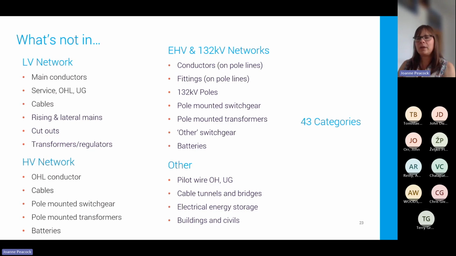For the EHV and 132 kV networks, they tend to be small numbers of assets that were just not included because there were lots of asset categories already, and we didn't quite get there, or they didn't quite get there for common version 1. So between version 1 and version 2, there's no new asset categories.